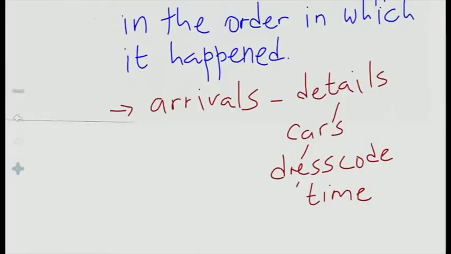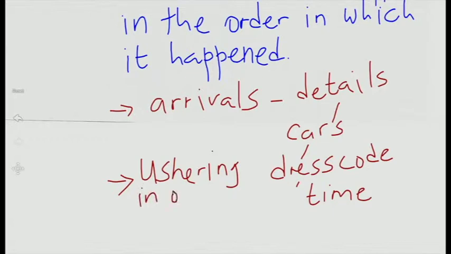And then moving forward, the next one from the arrivals will be ushering in of guests. So the ushering in of guests would be maybe the second item of your description. Then maybe there'll be a red carpet walk, if there's one.